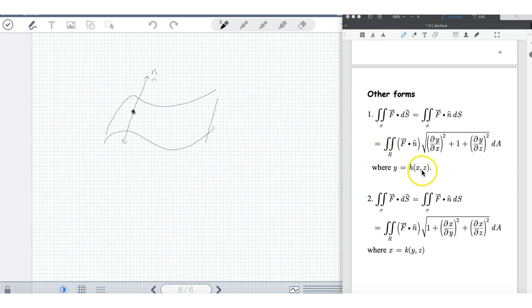Okay, so if your surface function is y in terms of x, z, then this is your dS. And similarly, if your sigma surface equation is given by x in terms of y, z, then this is your dS. Okay, but in this calculation for the surface integral where we have the vector field, I'm not going to use the small n.